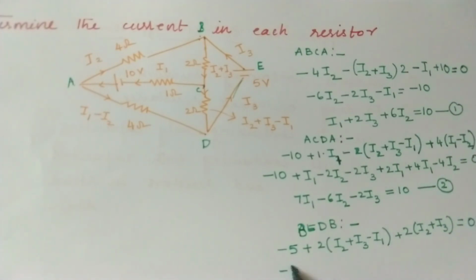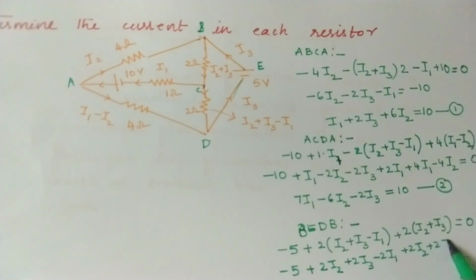So minus 5 plus 2I2 plus 2I3 minus 2I1 plus 2I2 plus 2I3 equals 0.